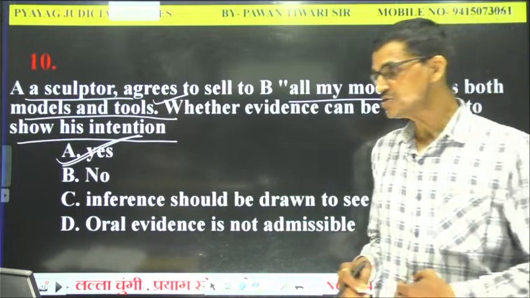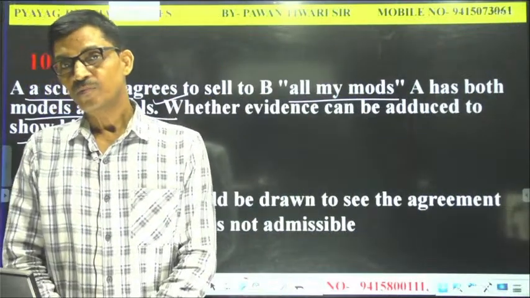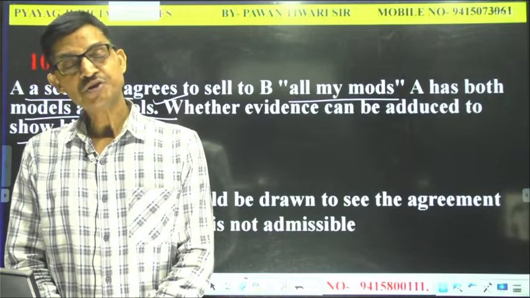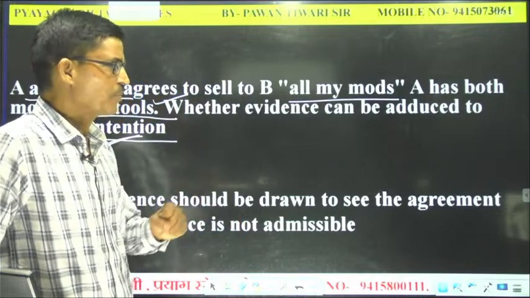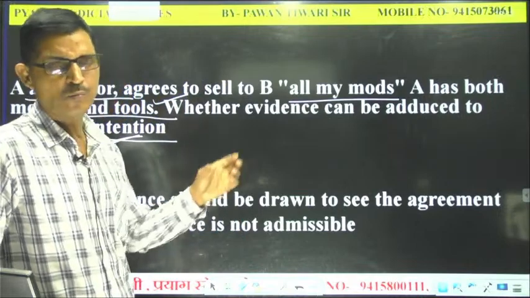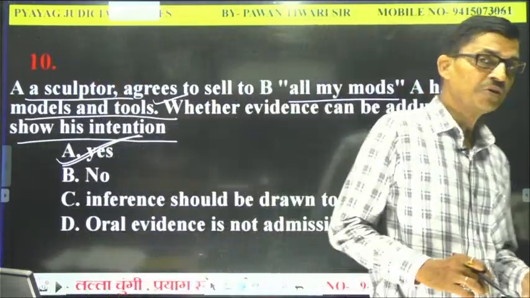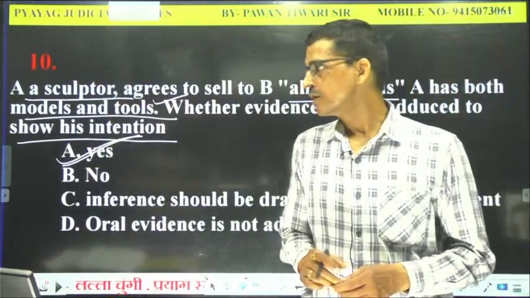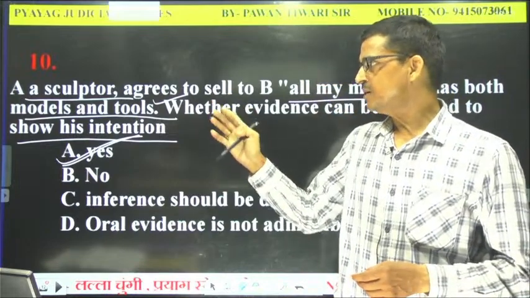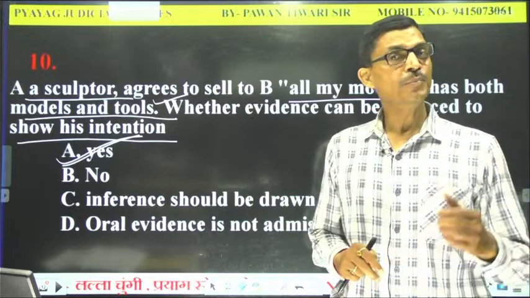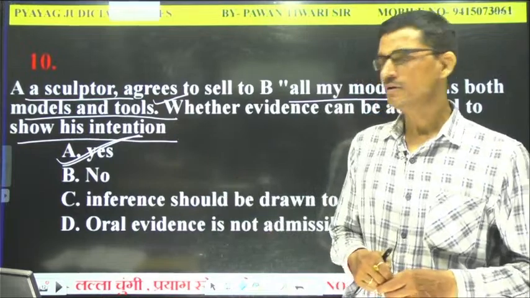It means whether he wants to sell only models or tools also, which of his property he wants to sell. For it, the sculptor may produce evidence. So the correct answer of the question is A.